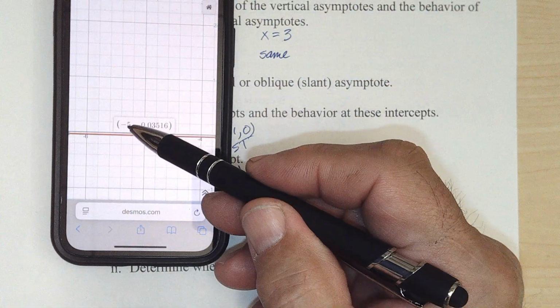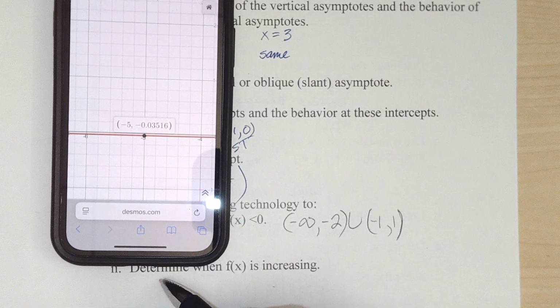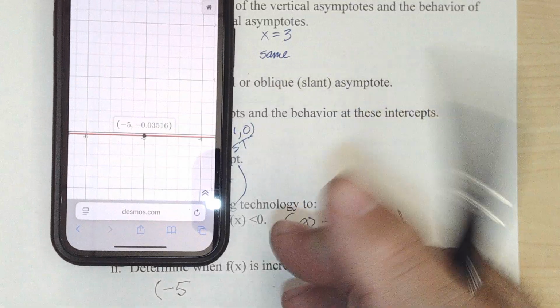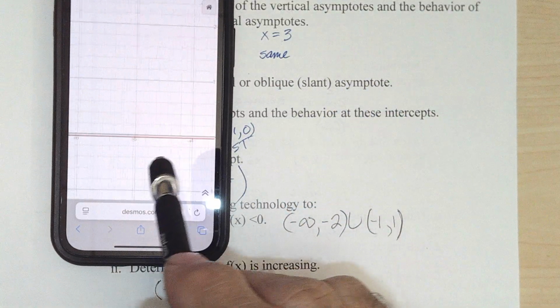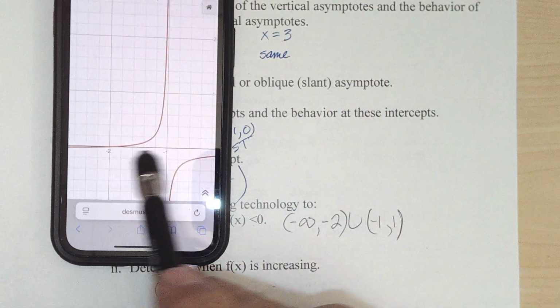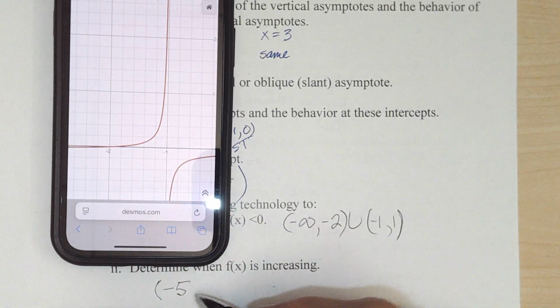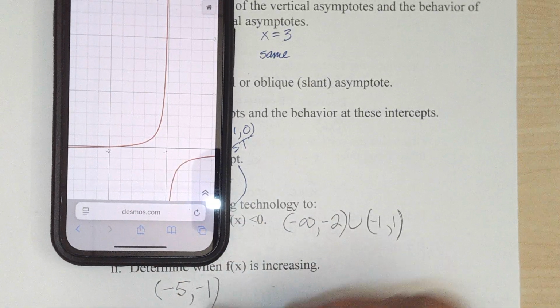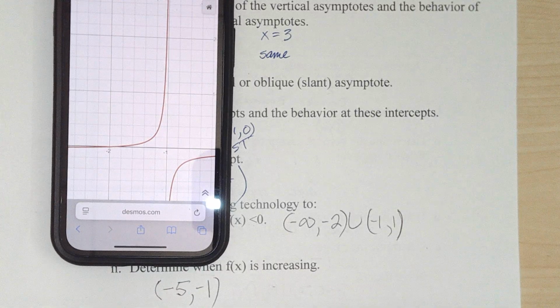So at negative 5, it's not determined, but after negative 5, it's going up, and it continues to climb all the way to negative 1, where it goes out of sight, off to infinity.